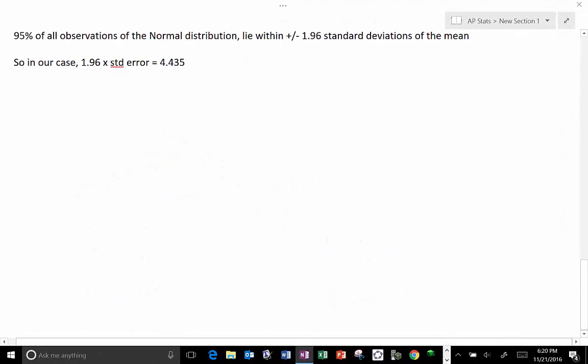So 95% of all observations of the normal distribution lie within plus or minus 1.96 standard deviations of the mean. In our case, 1.96 standard errors is 4.435.